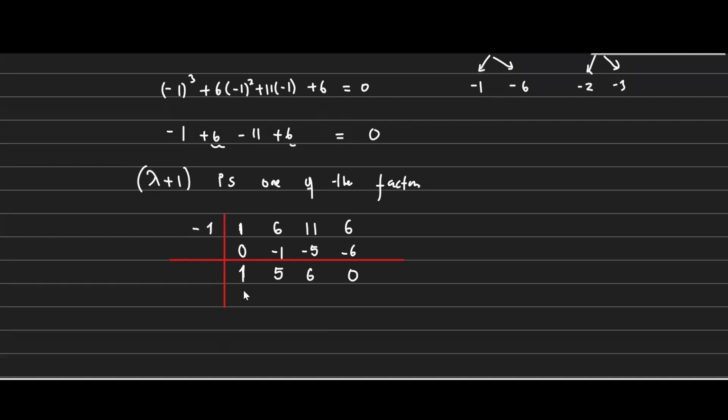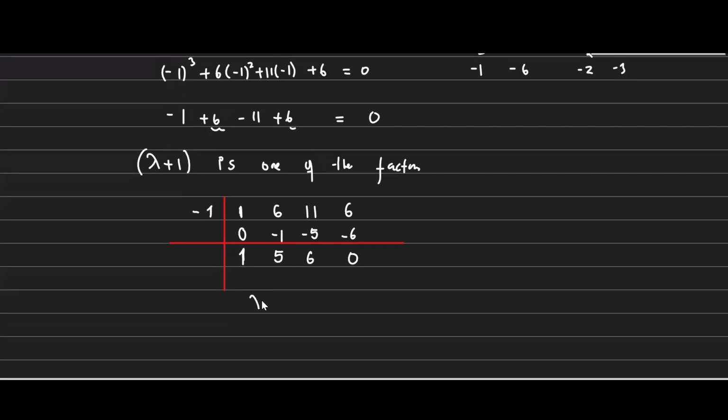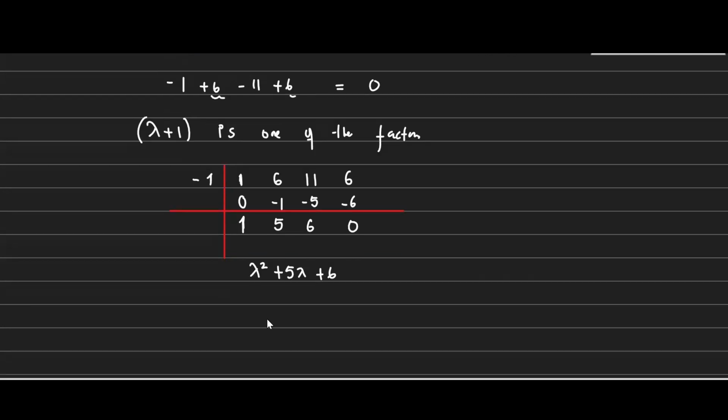So now you have reduced the polynomial from third order to second order. This one is now lambda squared, 5 lambda, and a constant. We have our new polynomial as lambda squared plus 5 lambda plus 6. You can factorize this one: product 6, sum 5, which are positive 2 and positive 3.